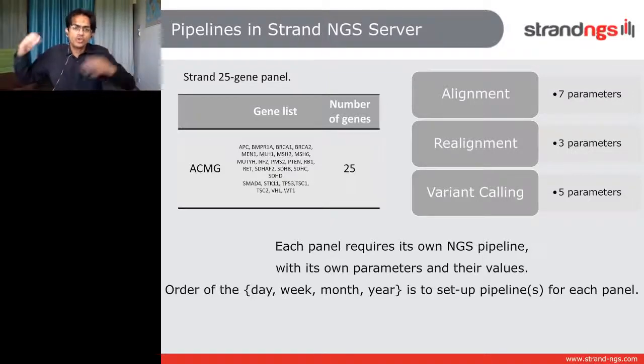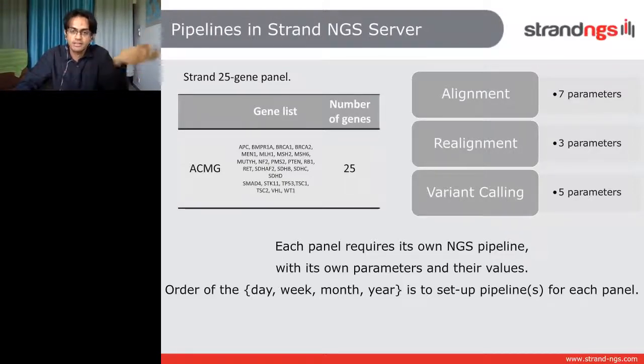So a huge part, and I cannot overemphasize this, is just setting up these pipelines. And it takes a long time. So I say day, week, month, year. It never takes a day. It never takes a month. Often it takes months, several months, or even up to a year to just figure out what are the right parameters for any given panel.